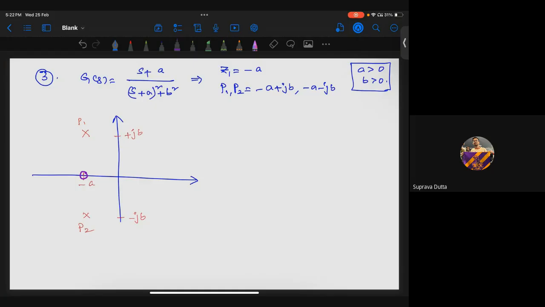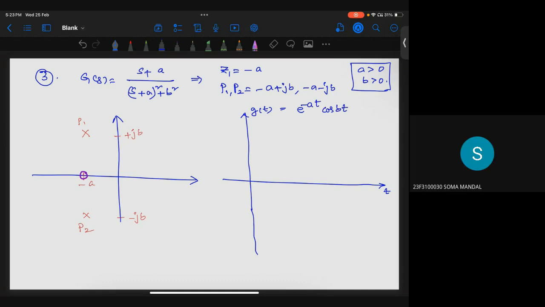Yes. Okay. So now again plot the time response. This is time, this is g of t. Now can anybody tell me what is g of t? This is the Laplace transform of e power minus at cos bt. Am I correct? Yes, sir. So how does cos bt look? Cos bt looks like this.